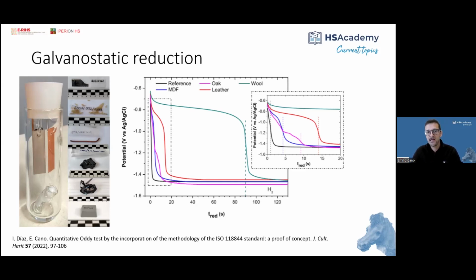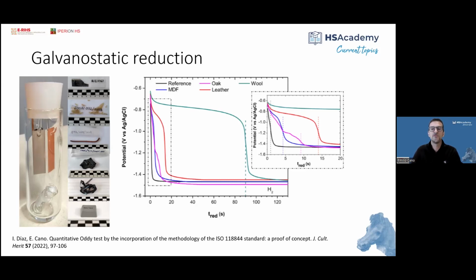The classical Oddy test evaluation is done by visual inspection, but sometimes it's very difficult to distinguish between degrees of corrosion of the different samples.